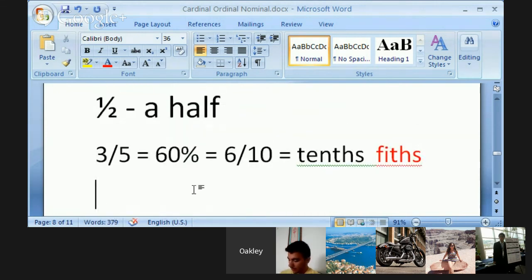Because we use fifths. Can anybody tell me this piece of trivia? What kind of product is sold in fifths in America, at least, and maybe in other countries as an import or in England? What product is sold in fifths? Does anybody have any idea what I'm talking about?